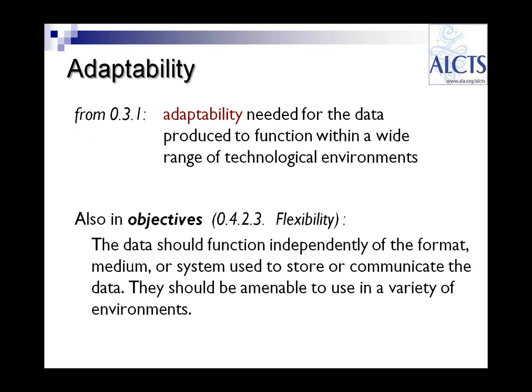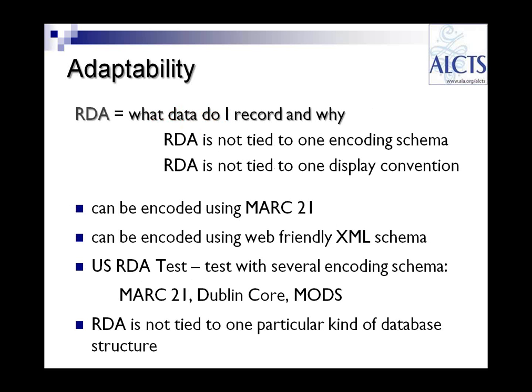Adaptability is also an important objective, and it's an objective more in terms of thinking towards the future. The data should function independently of the format, medium, or system used to store or communicate the data. It should be amenable to use in a variety of environments. So as I said before, RDA is about what data do I record, and it's not tied to one particular encoding schema.